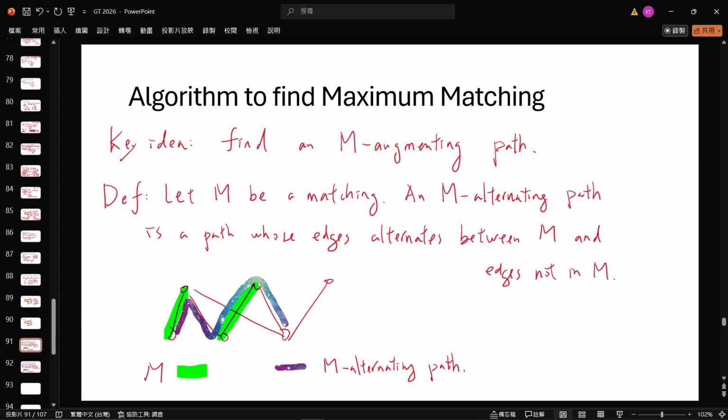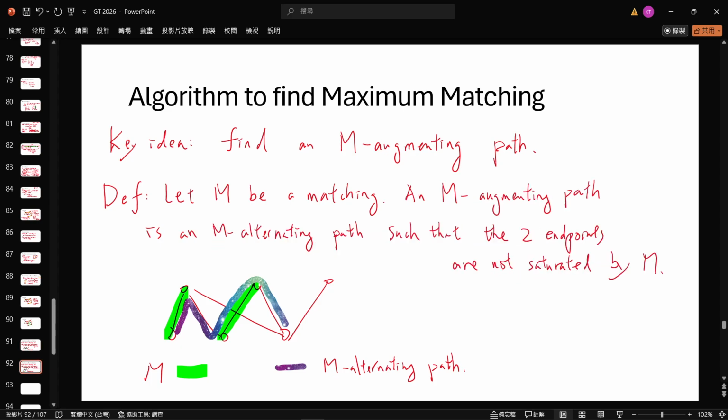Or you can start with a path where the first edge is not in the matching, then the second edge must be in the matching M. So that's an alternating path.